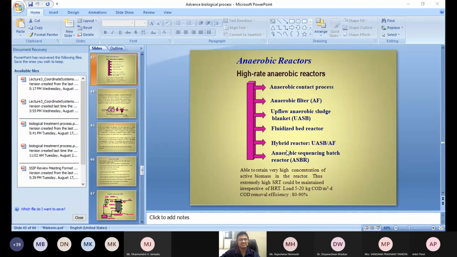Other thing is pH. pH also has to be near neutral, around 6 to 8. This is a biological system. So if your pH is less, all the bacteria will die. If pH is more, the bacteria will die. Everything is dependent upon how the bacteria work there. Okay, thank you, sir.